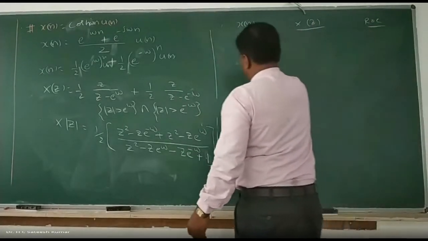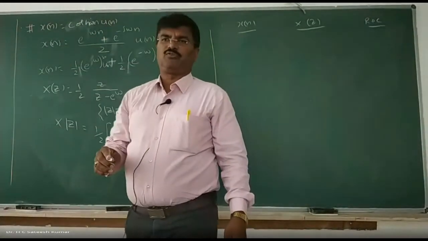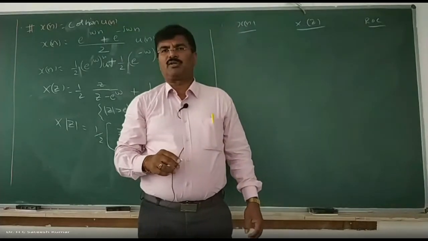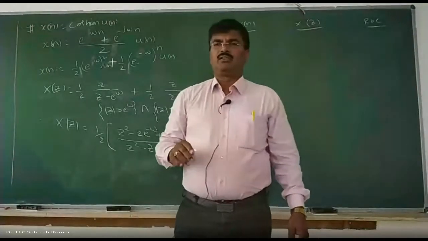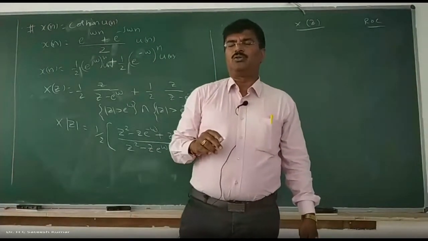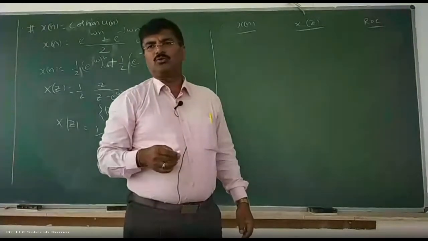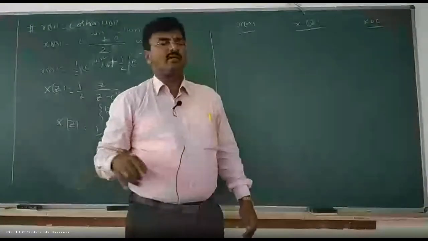Many of them I have given: u of n, minus u of minus n minus 1, a power n into u of n, minus a power n into u of minus n minus 1, n into u of n, and minus n into a power n into u of minus n minus 1.